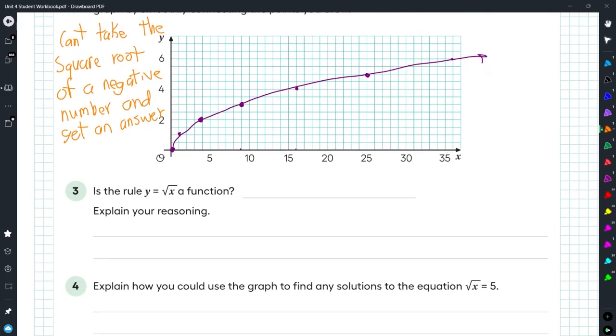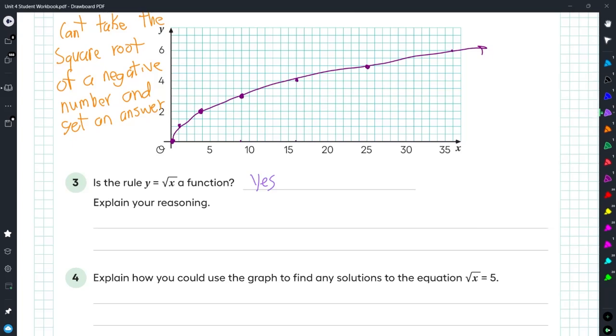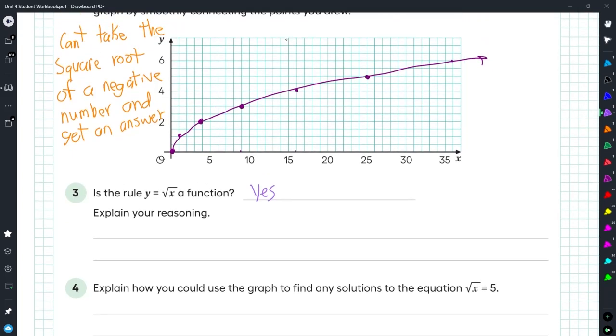So is this a function? Yes, this is a function because it passes the vertical line test. A vertical line test says, hey, if I drop a vertical line and I only touch the function once, no matter where I draw this vertical line, then this is a function. Whereas if I drew a vertical line and touched it twice, like let's say this graph went like this as well, this vertical line could touch here and here.